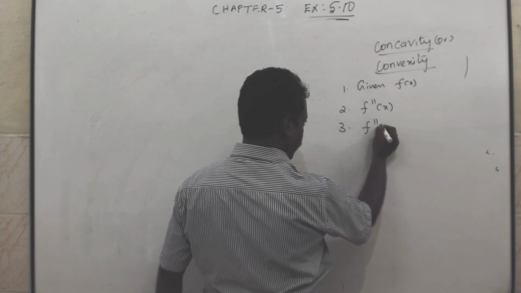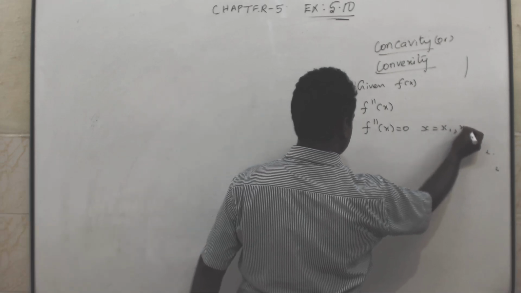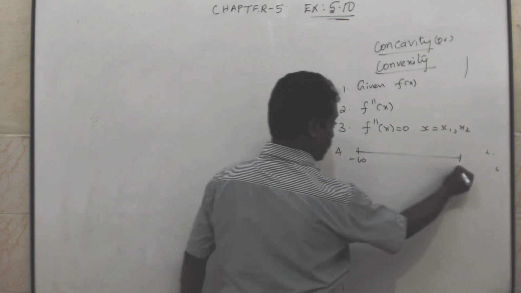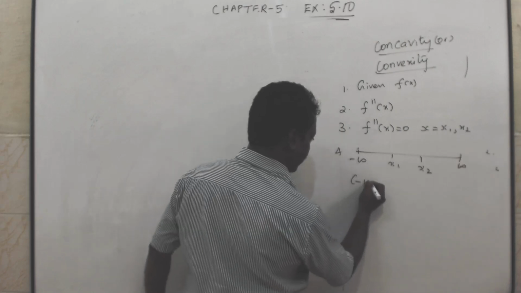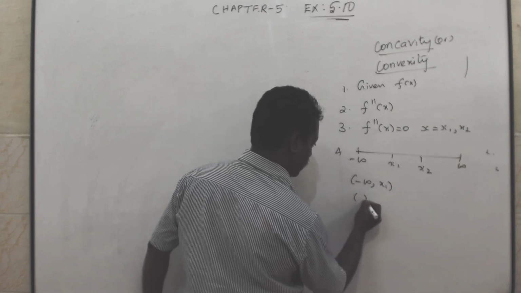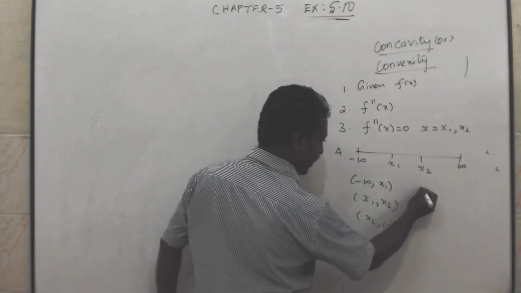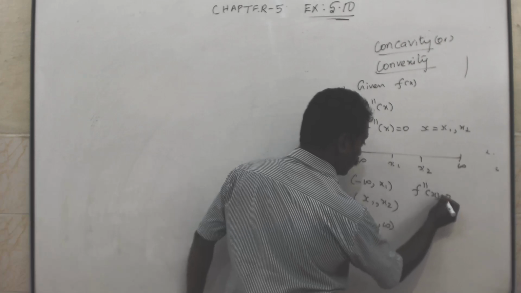Step number 3, f double dash of x equal to 0, we will get values. Number 4, draw the number line, plot the points on the number line, identify the intervals. Just verify f double dash of x, positive or negative.